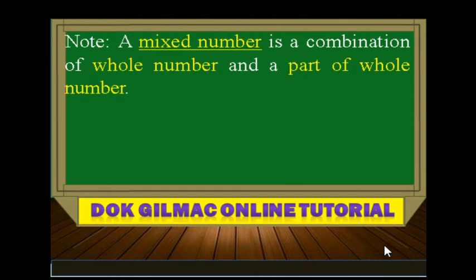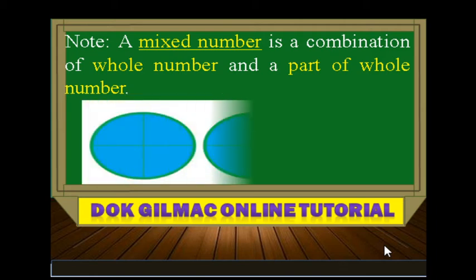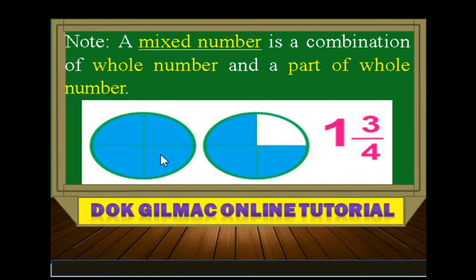Take note, a mixed number is a combination of a whole number and a part of a whole number. For instance, we have here 2 circles. The first circle is actually divided into 4 parts, which is a representation of a whole number, which is 1.